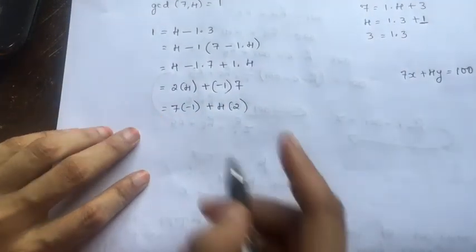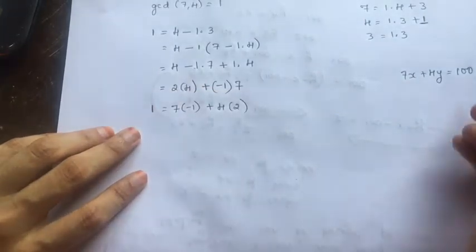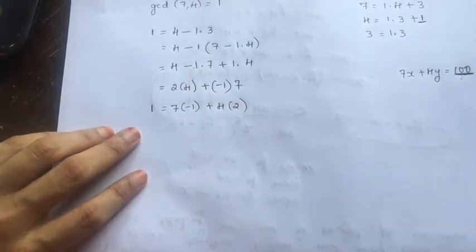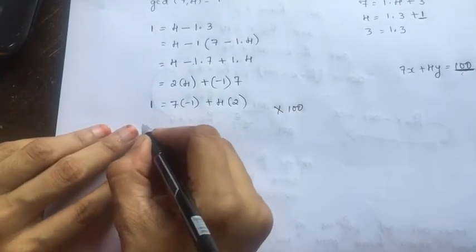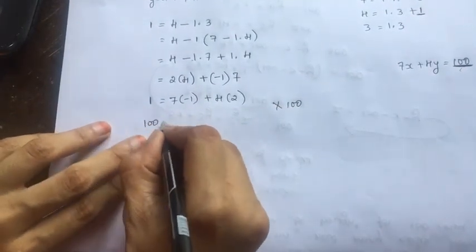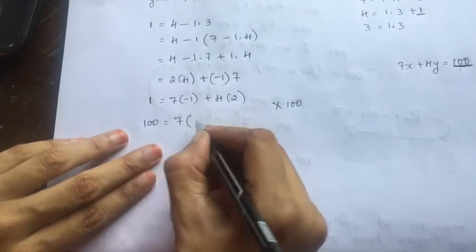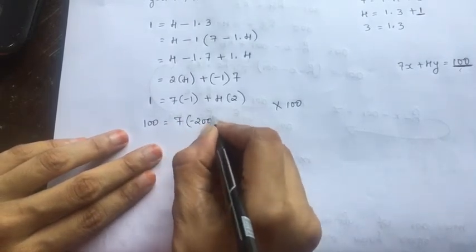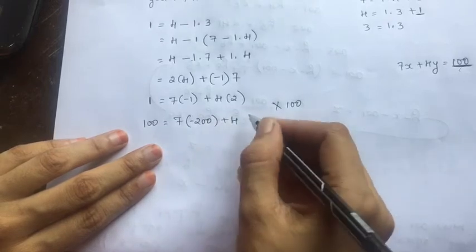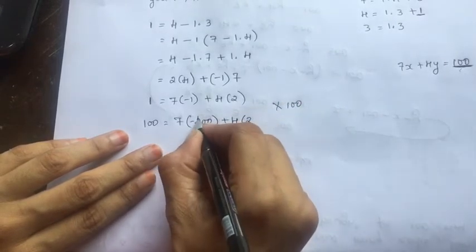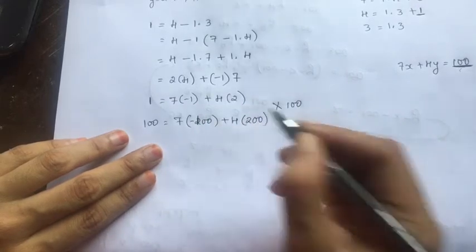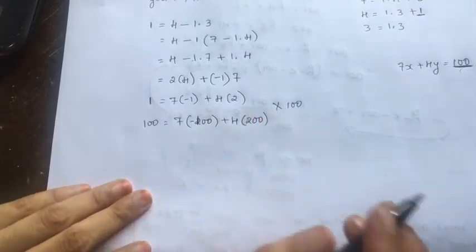Okay. Now the left hand side is 1, but here the right hand side is 100. So I need to multiply this equation by 100. So that I'm getting 100 equal to 7 into minus 100 plus 4 into 200. I'm sorry, this is 100, this is 200.